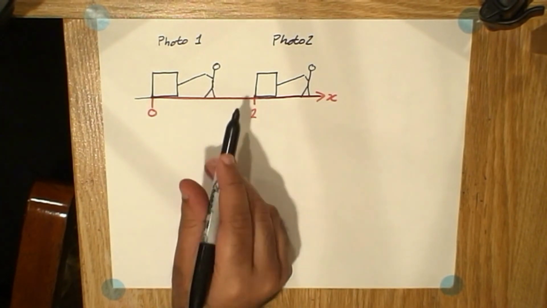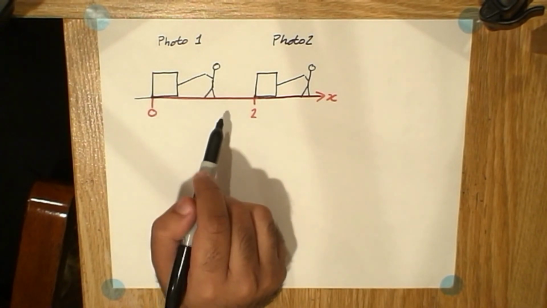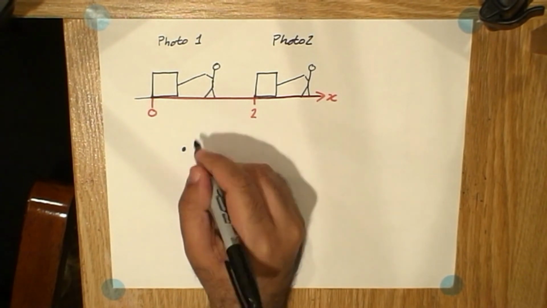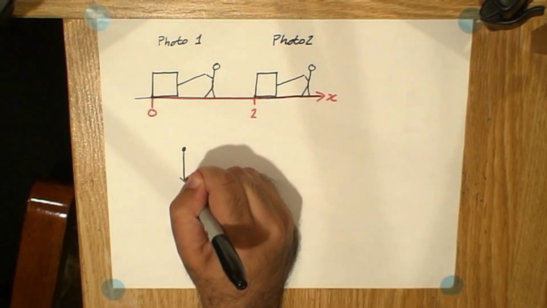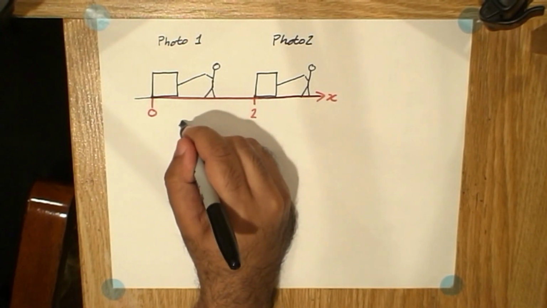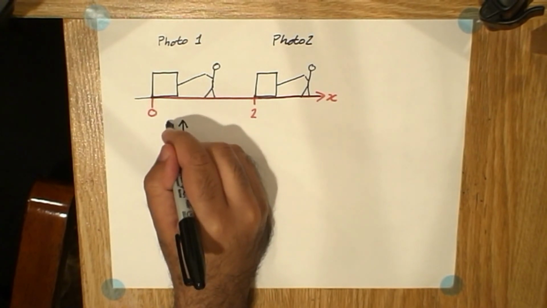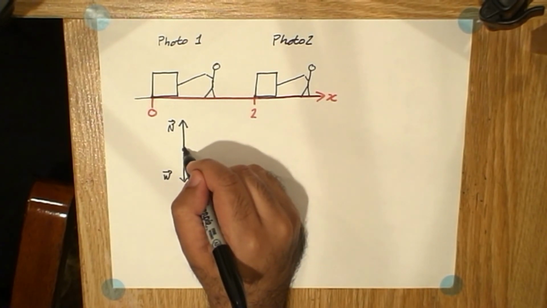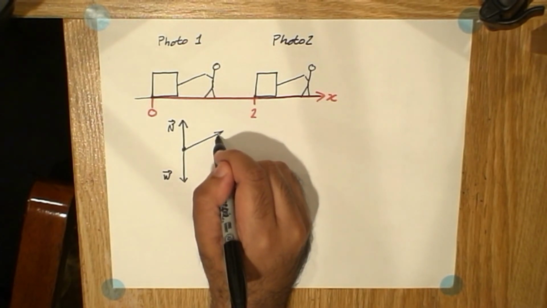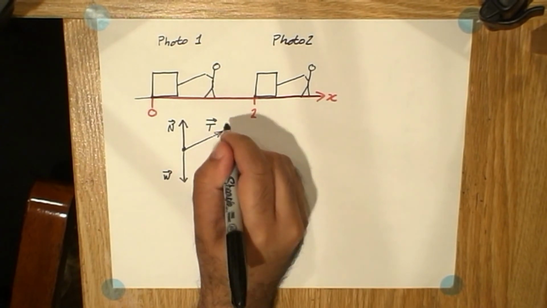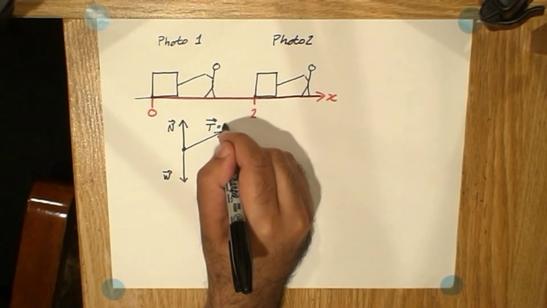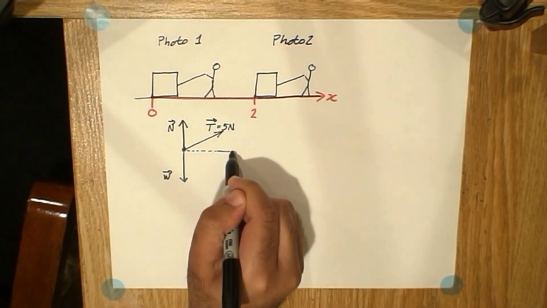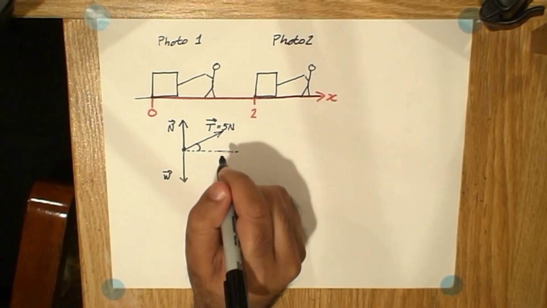Now, if I were to draw the free body diagram on this object, it would look something like this. Here's the object. We have weight pointed down, we have normal force pointed up, and we have, in addition to both of those, the tension force. The tension force points at an oblique angle. Now the tension force has a size of 5 newtons, but this angle over here is now 30 degrees.